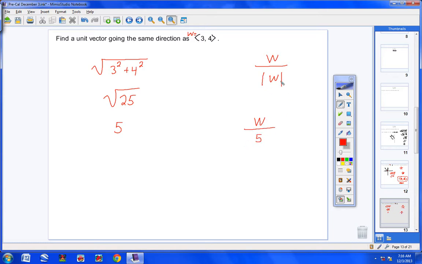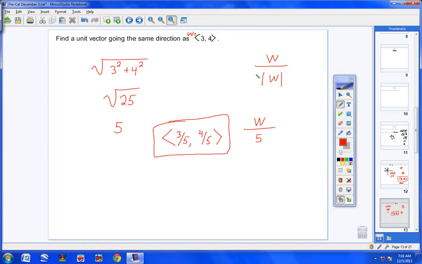Okay, so the magnitude of W is 5, and now I'm going to take this vector and divide by 5. So my first number is 3, divided by 5, and you get 3/5. My second number is 4, divided by 5, and you get 4/5. By the way, there's your unit vector right there, going the same direction as this vector here. Now, do you know why this formula works? I'm going to tell you why it works.